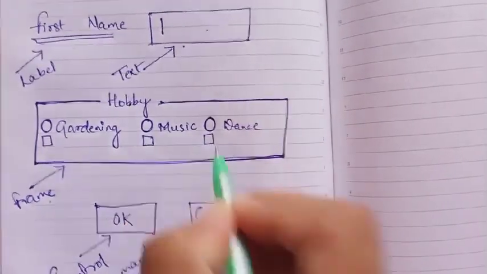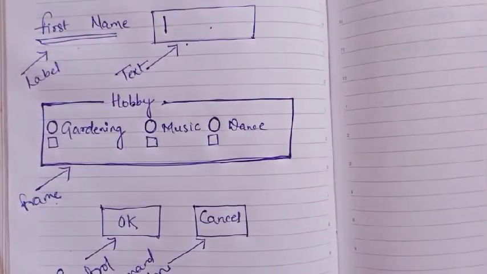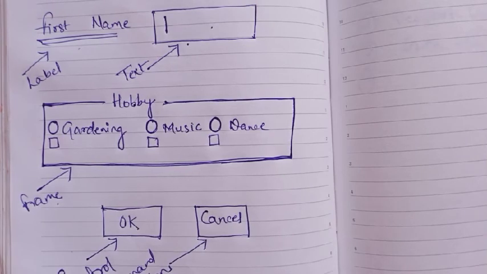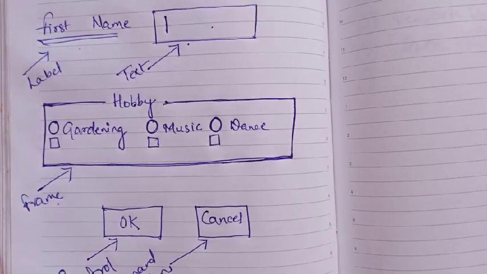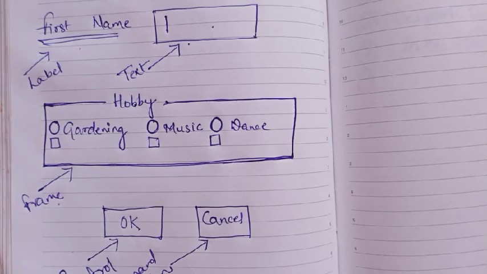So these two are our choices buttons. We are going to make use of them when we give choices. For one choice, the radio button will be used; for more than one choice, the checkbox is going to be used.